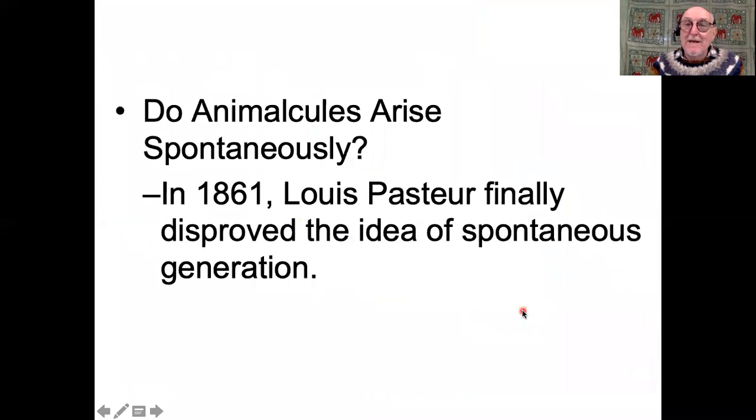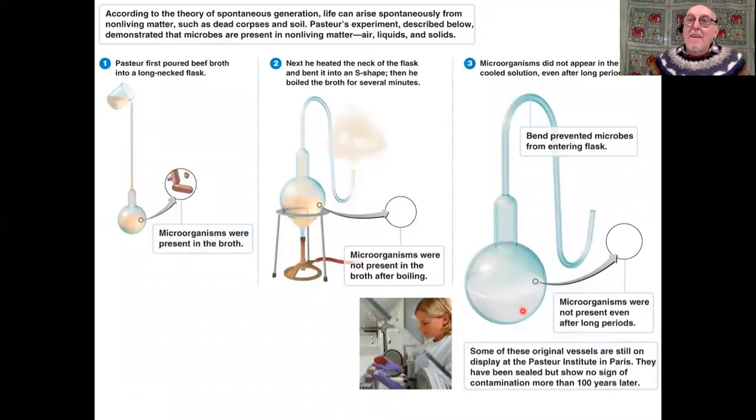But the point being that here, Pasteur has done everything. He's taken a broth, he's boiled it just as everybody else did, but he hasn't sealed the flask. He's left the flask open to the vital force if it exists, and yet it still does not generate life. Spontaneous generation does not occur.